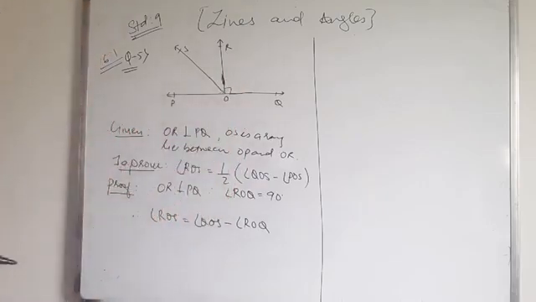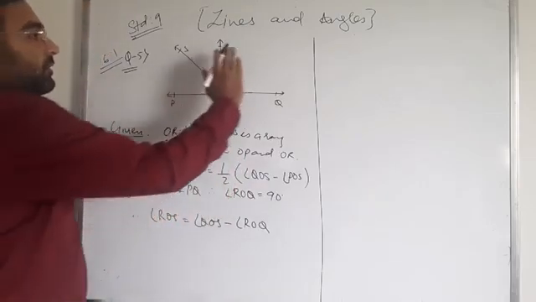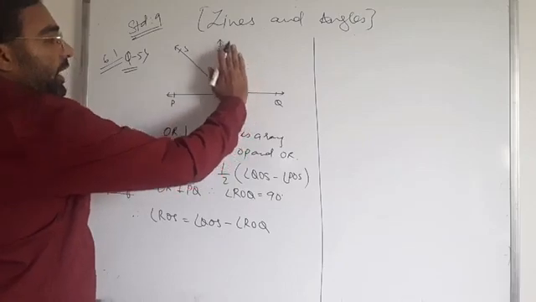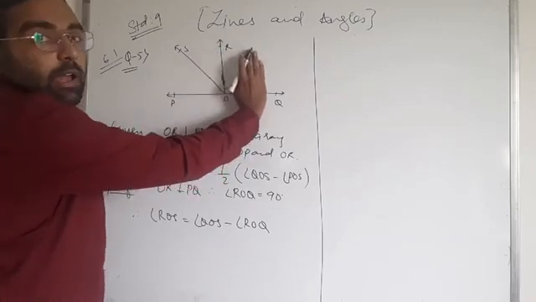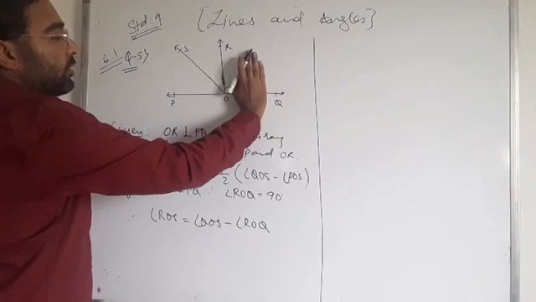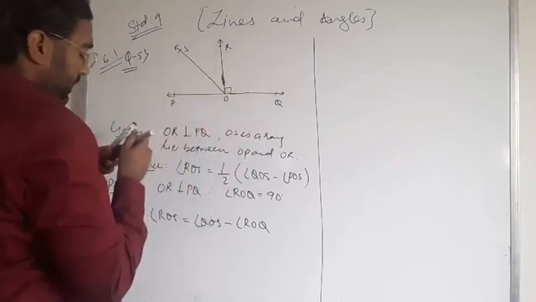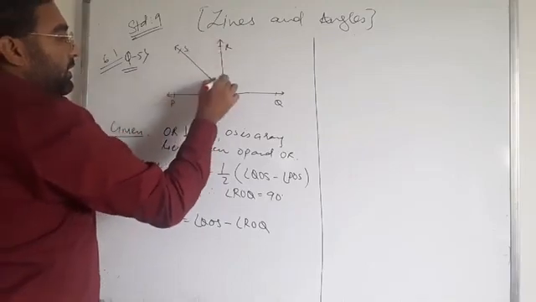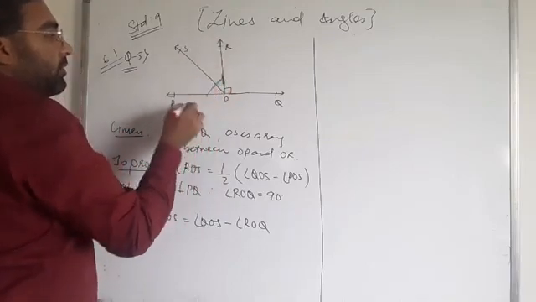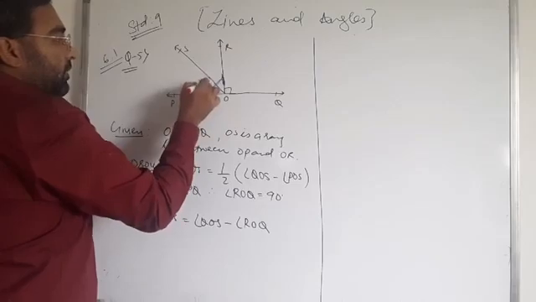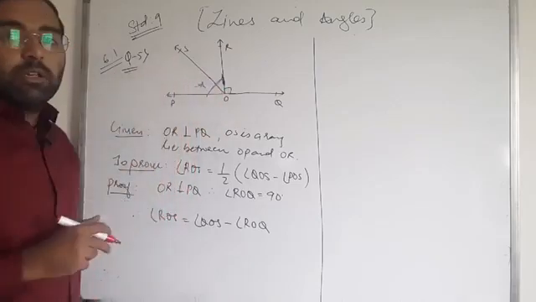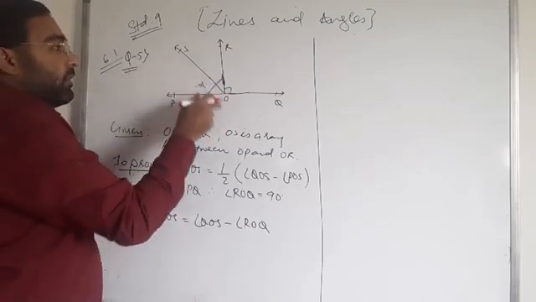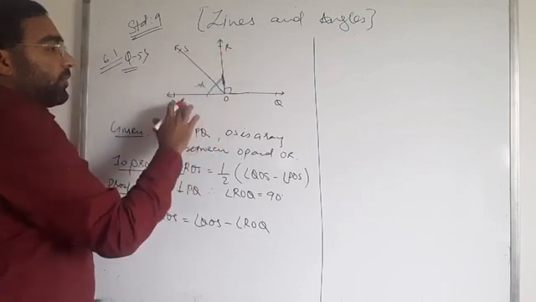Now I have to remove ROQ. So which one do we get? Here is my ROP, the whole thing is given. From that we have to subtract this part, POS. Okay, we have to subtract POS from ROP.